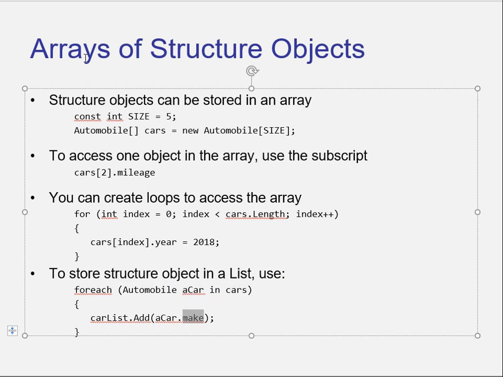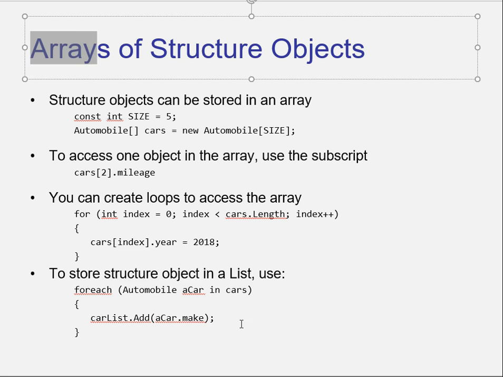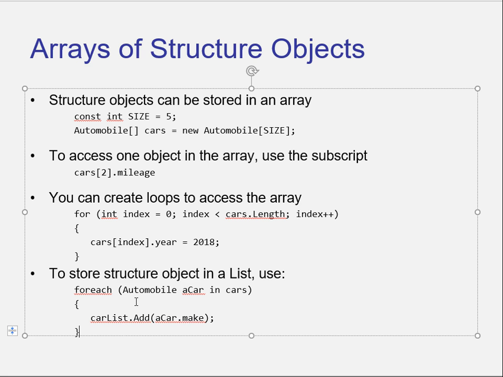So not only can you set up arrays of structures, but you can also set up lists of structures, which might be more useful, because we don't know how many cars there are in a particular shipment or on the lot at that particular time.